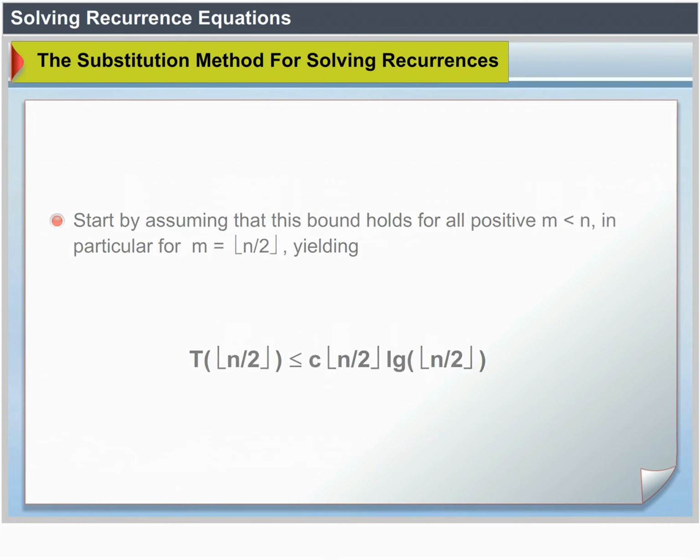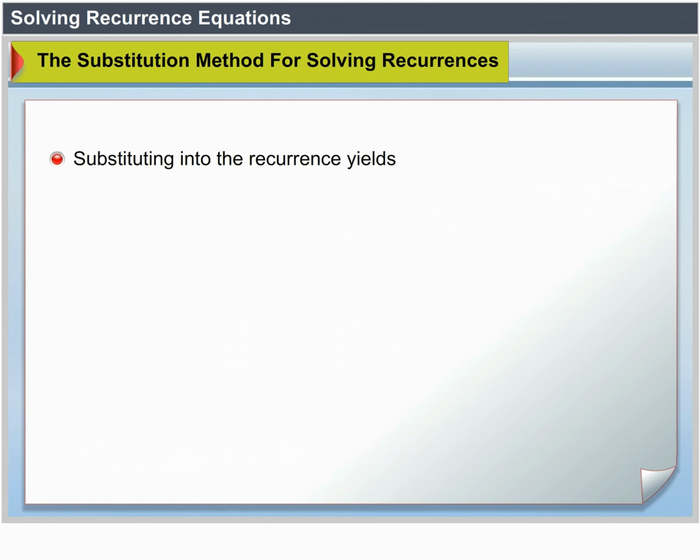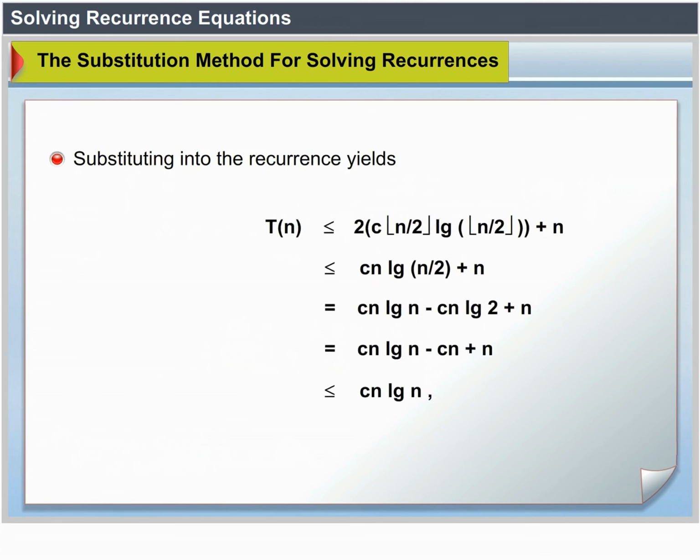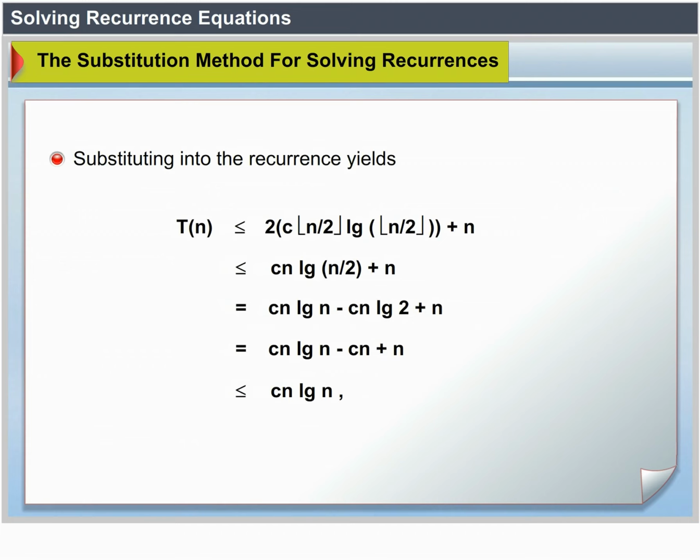Substituting into the recurrence yields T of n less than or equal to 2 times C floor of n by 2 log floor of n by 2, plus n. Finally, it gives less than or equal to Cn log n, where the last step holds as long as C is greater than or equal to 1.